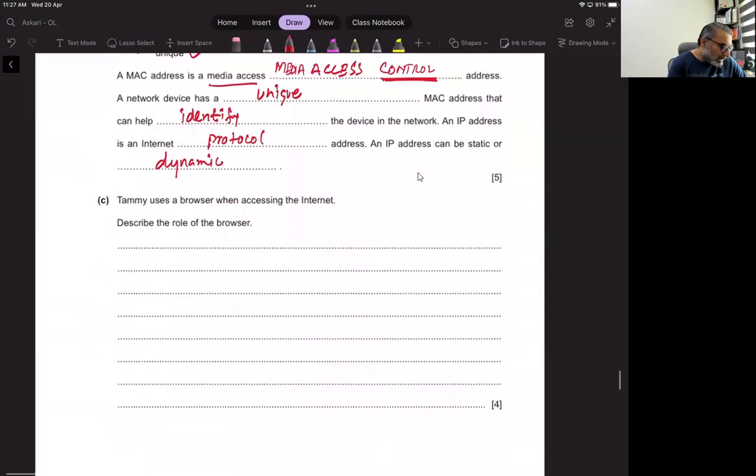So Temi uses a browser when accessing the internet. Describe the role of the browser. Now, a browser enables users to view web pages.